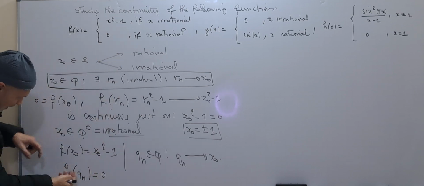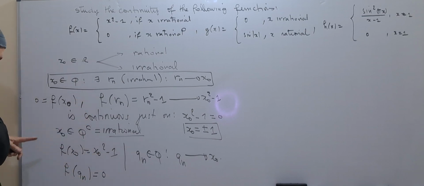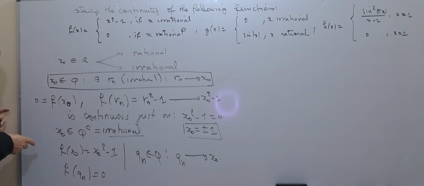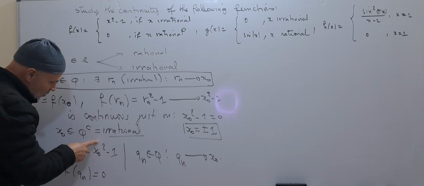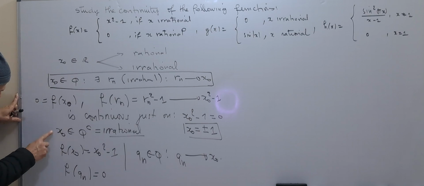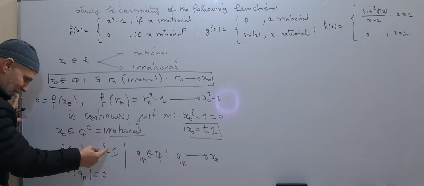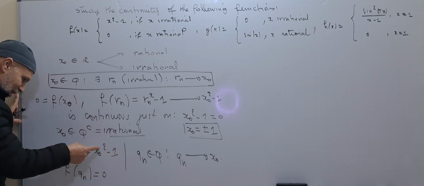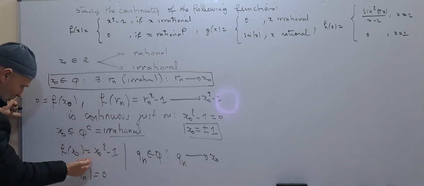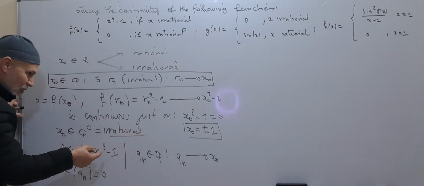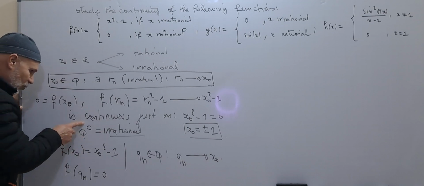They can be equal if and only if x0 squared minus 1 is equal to 0, but in this case, since we suppose that x0 belongs to the complement of Q, x0 cannot be equal to plus or minus 1, since these elements aren't in Q complement.